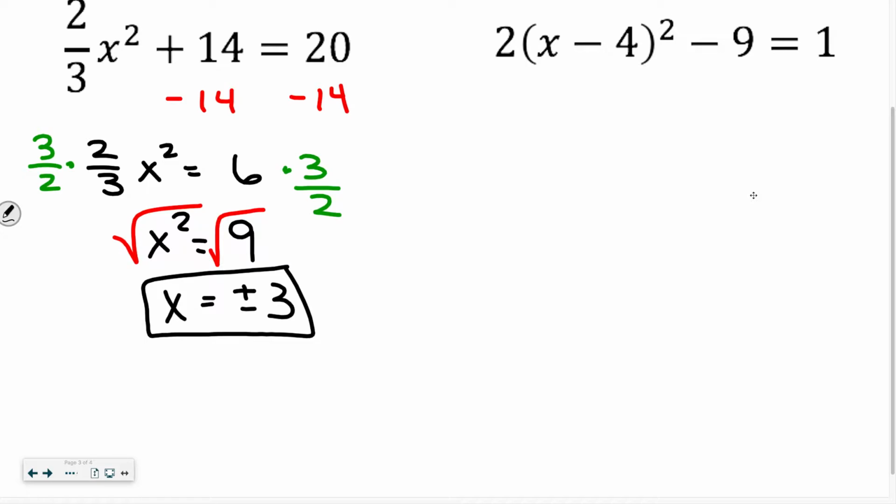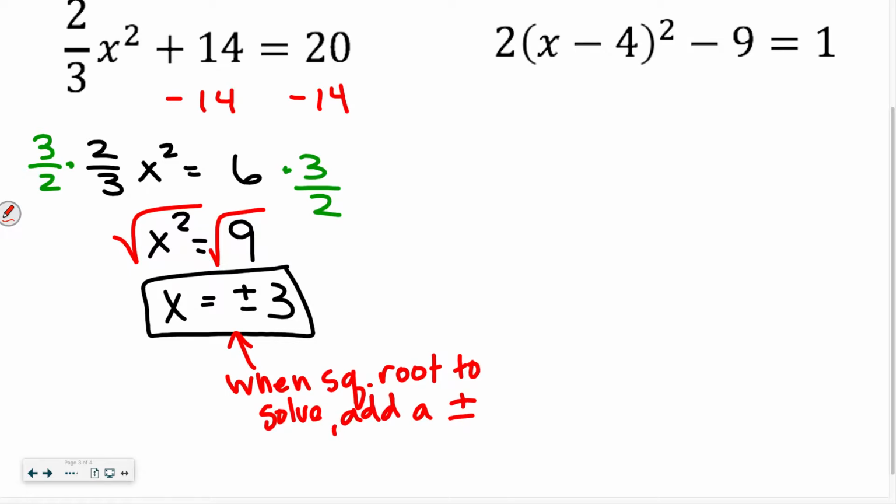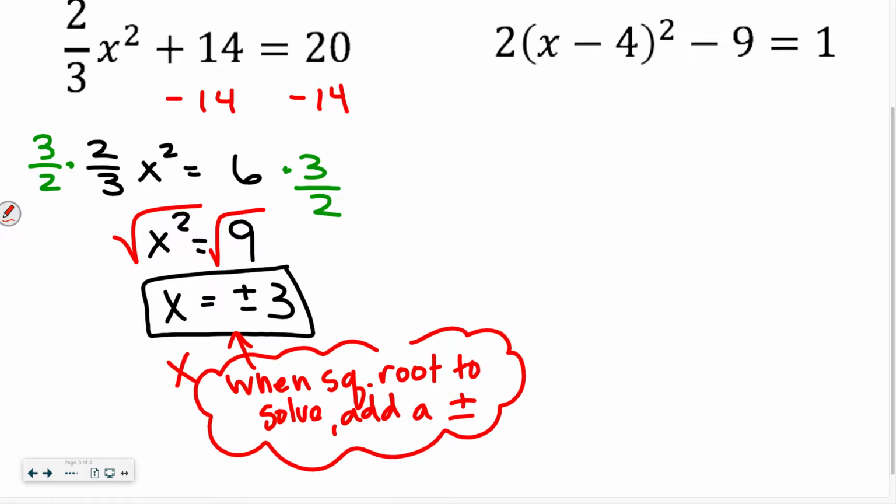So you did a lot of square rooting in geometry. But in algebra, when you square root to solve, add a plus or minus. If I could star, circle, highlight, study, remind, say out loud, I would do all those things.